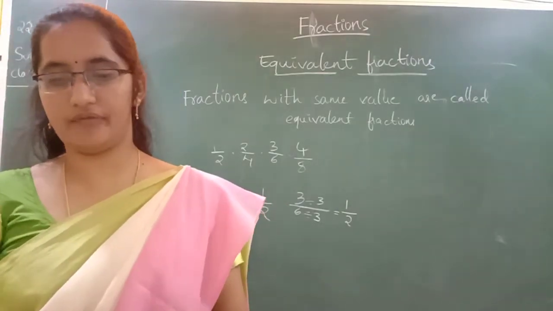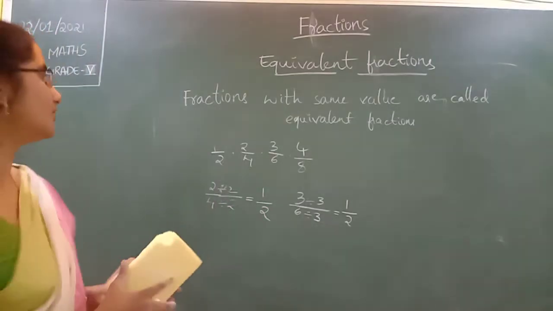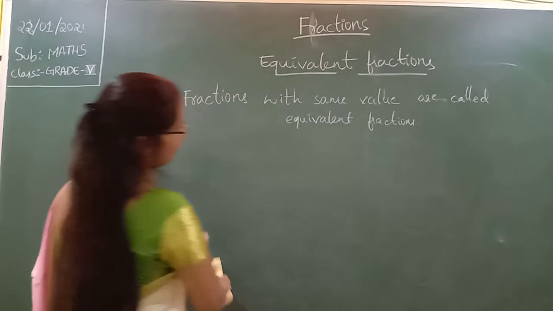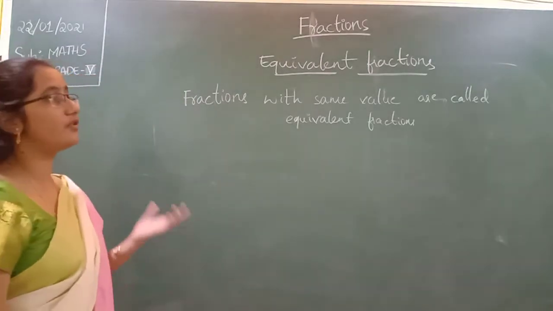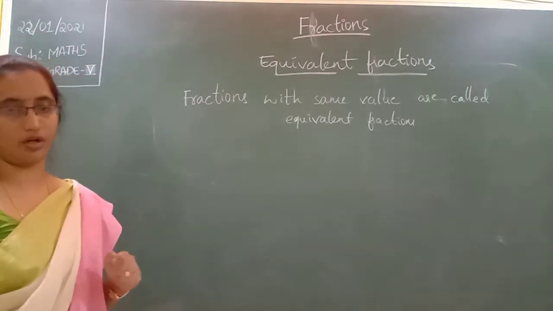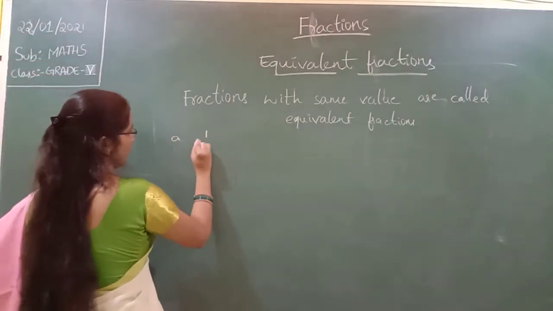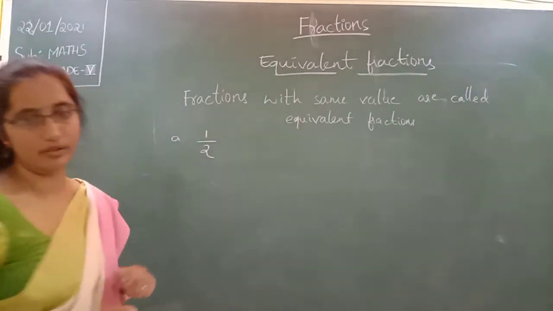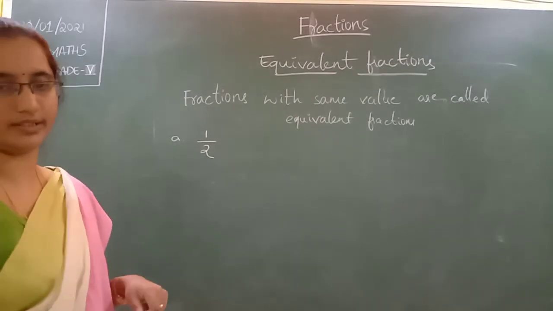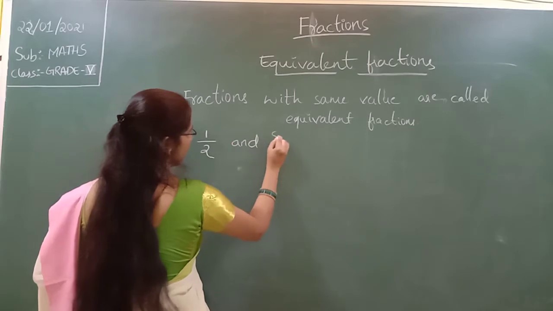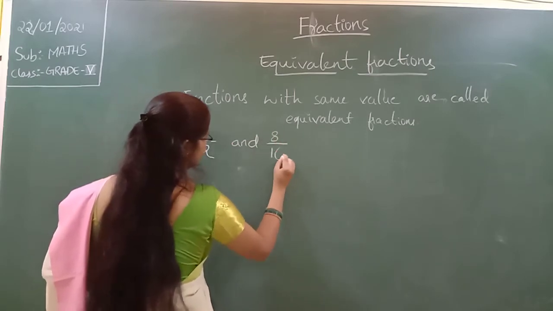Next, the test for equivalent fractions. What is the test for equivalent fractions? Suppose they give two fractions, and we have to test whether they are equivalent or not. They gave one example: 1 by 2 and 8 by 16.